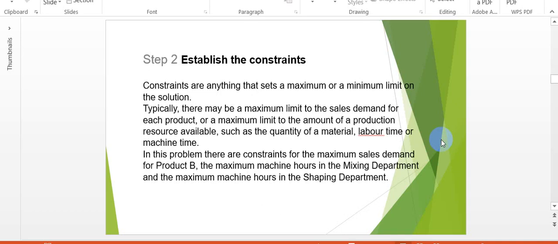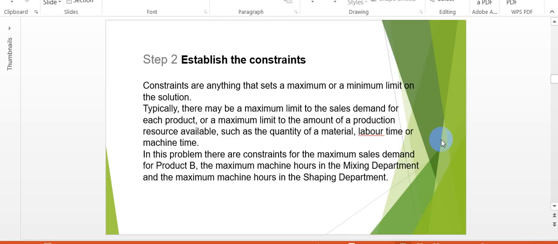The constraints are anything that sets a limit or a minimum limit on the solution. So typically, there may be a maximum limit to the sales demand for each product, or a maximum limit to the amount of production resource available, such as the quantity of materials, the labor time, or the machine hours.